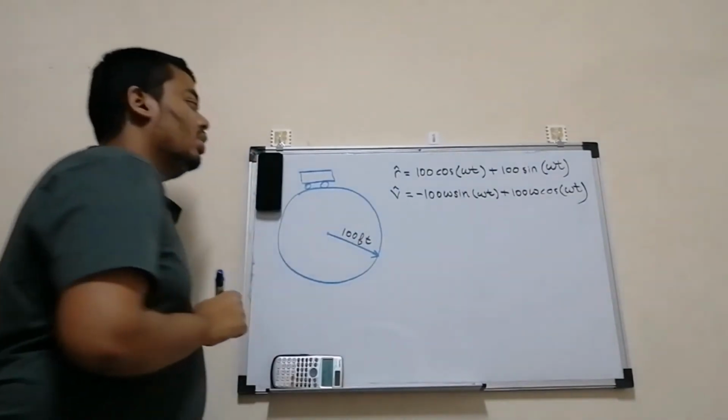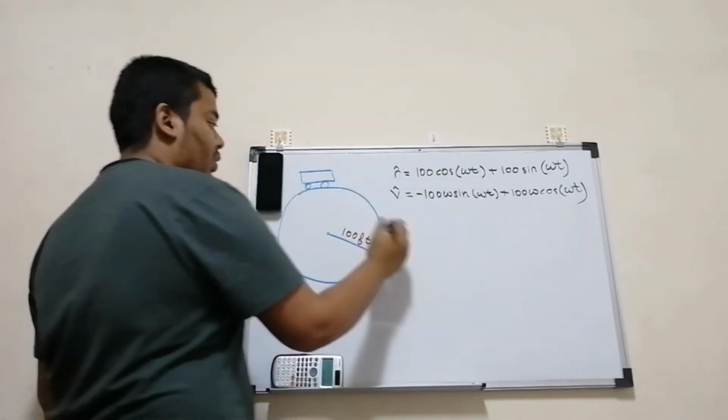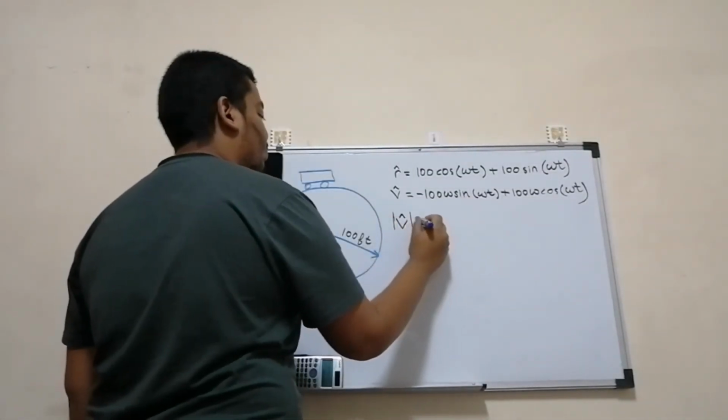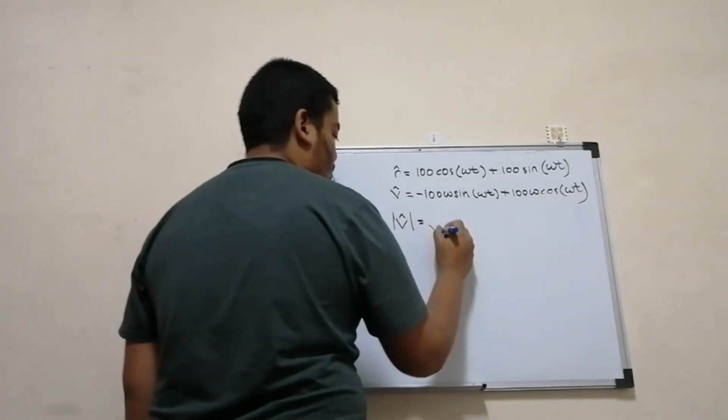Okay, guys? Now let's find the magnitude of the velocity vector. The magnitude of the velocity vector is given by, we'll take the square root.